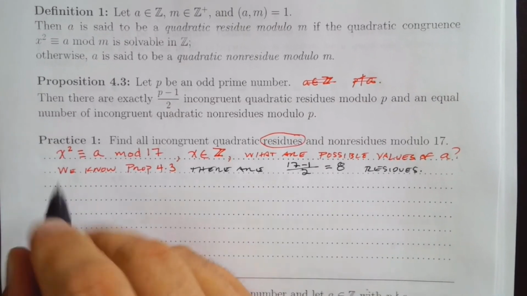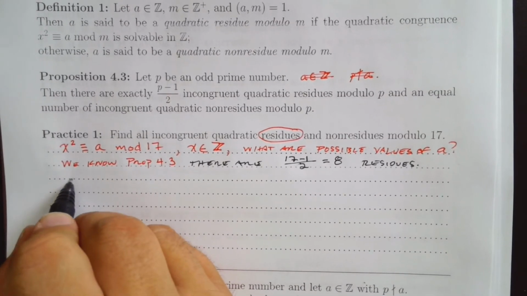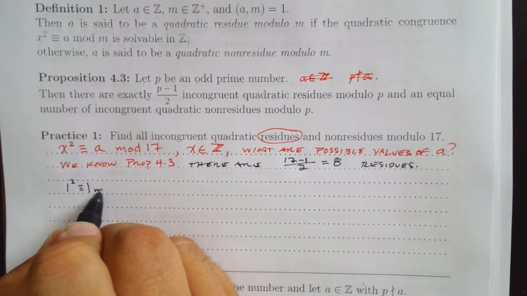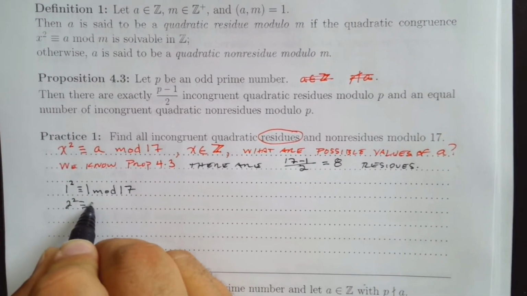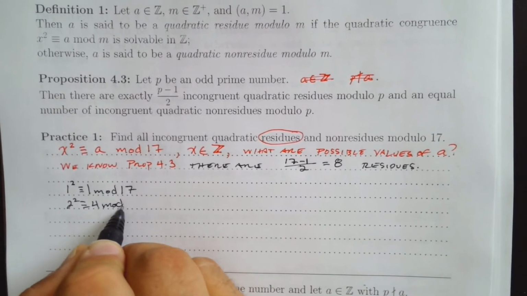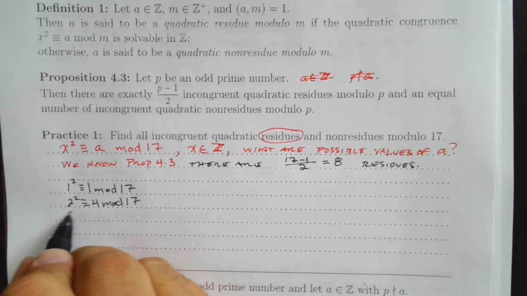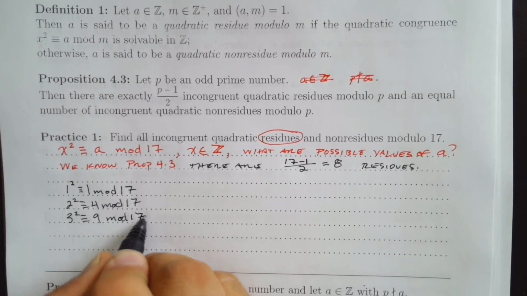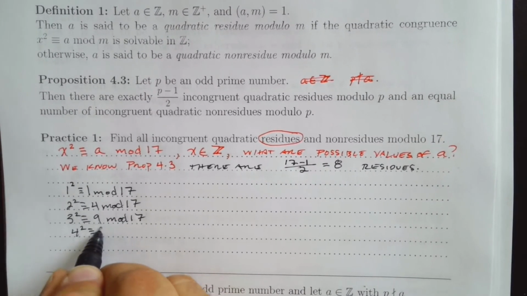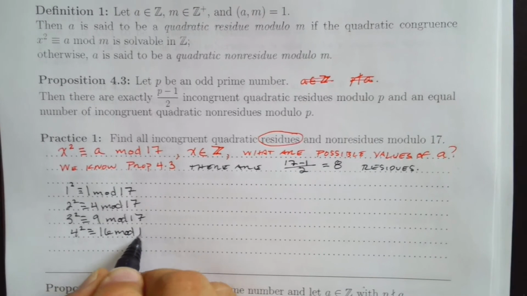We have 1 squared is equivalent to 1 mod 17. 2 squared is equivalent to 4 mod 17. 3 squared is equivalent to 9 mod 17. And 4 squared is equivalent to 16 mod 17.